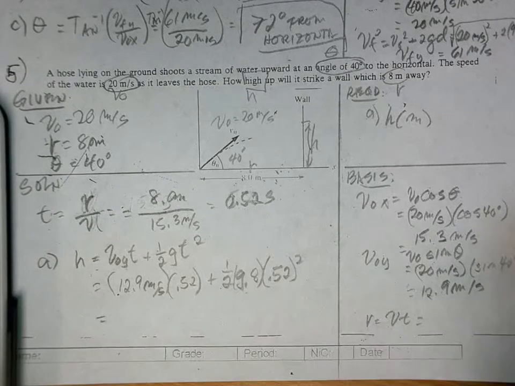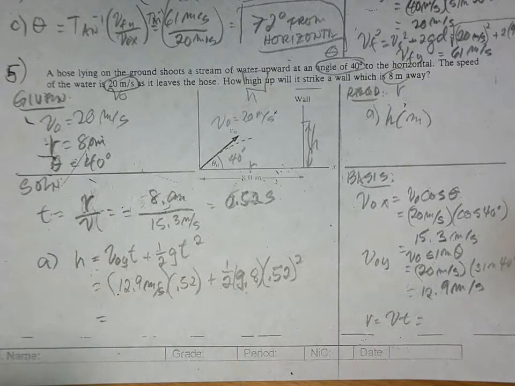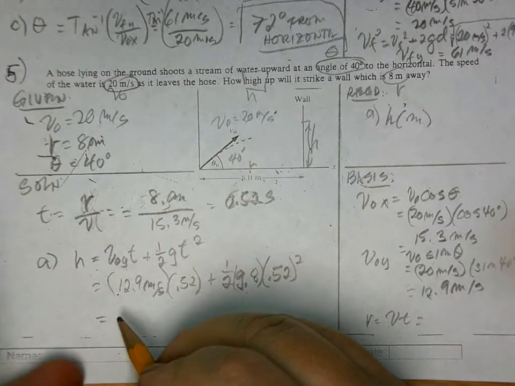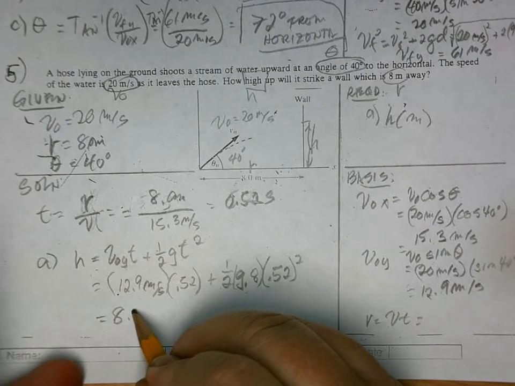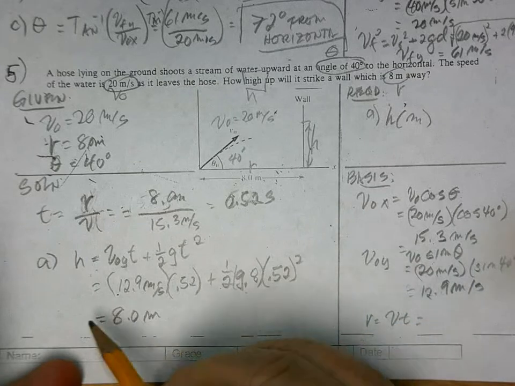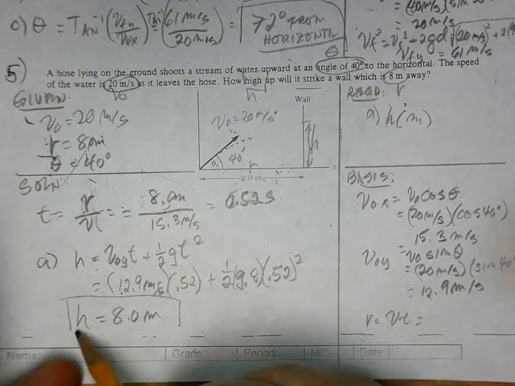Okay, and what's the answer? Times 1.5 times 0.5 equals that plus 8.0 meters. How corny.